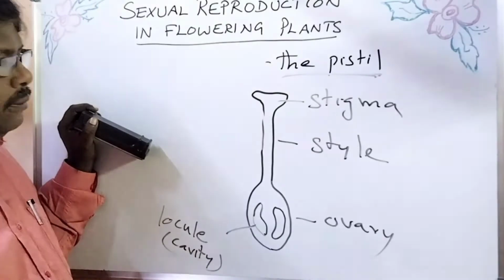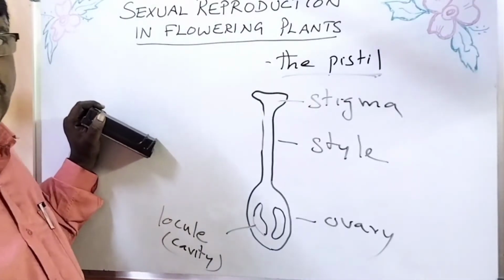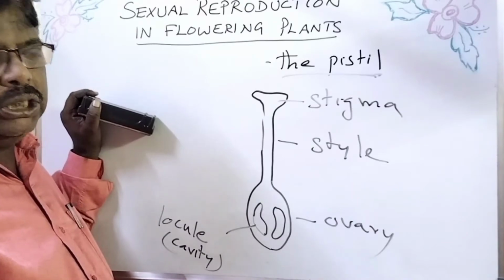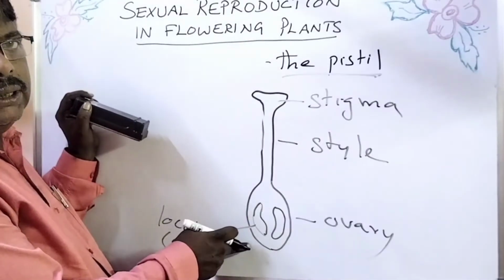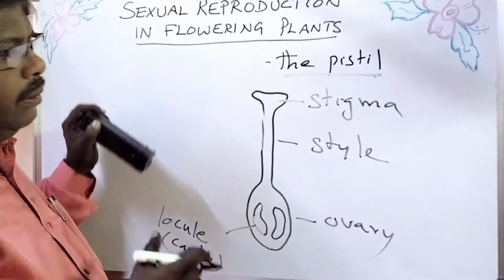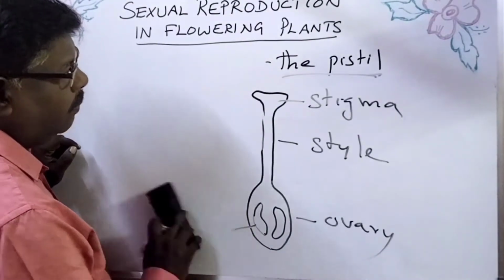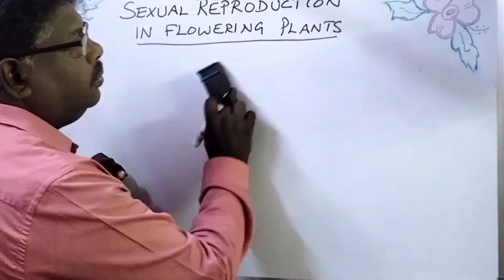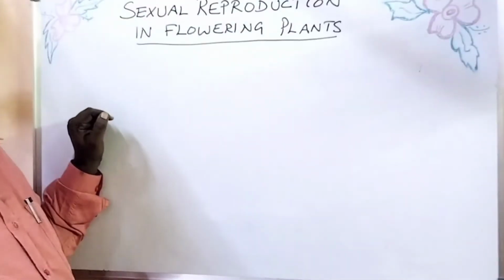In 11th, we must have studied the arrangement of ovules inside the placenta. That's called placentation. So ovules are present here in the placenta. So we saw about the structure of pistil.